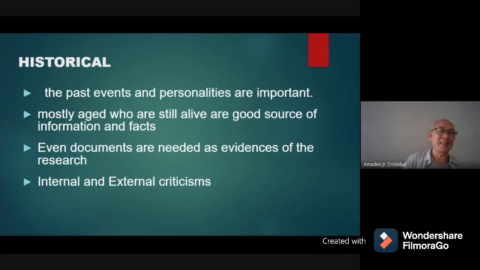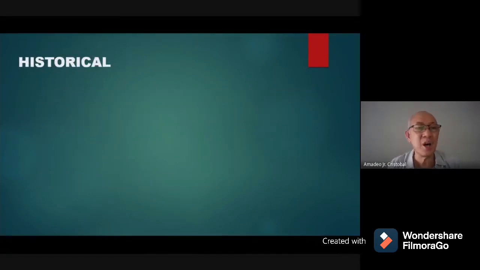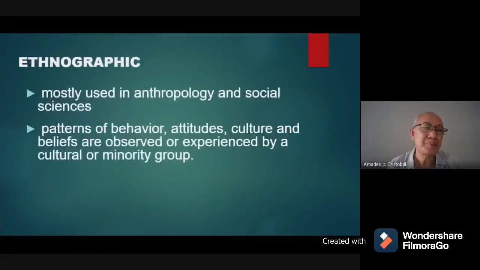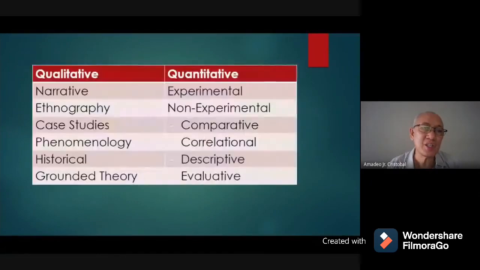So in historical research, when you find a document, an artifact, or something that will serve as evidence of your research, you have to use external and internal criticisms. Okay? So those are the kinds of qualitative research that you can choose from.